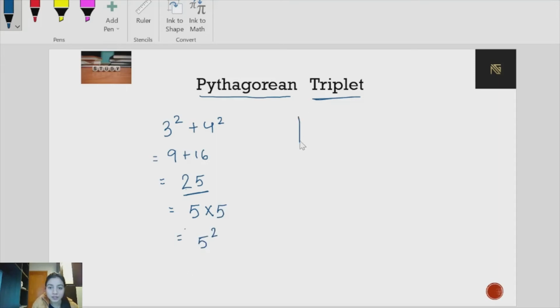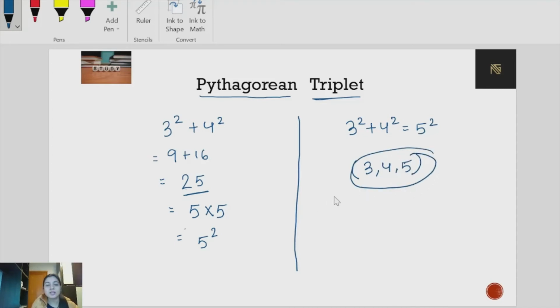So finally, what are we getting? We are getting that 3 square plus 4 square is giving us 5 square. This 3, 4 and 5, this triplet is called Pythagorean triplet.